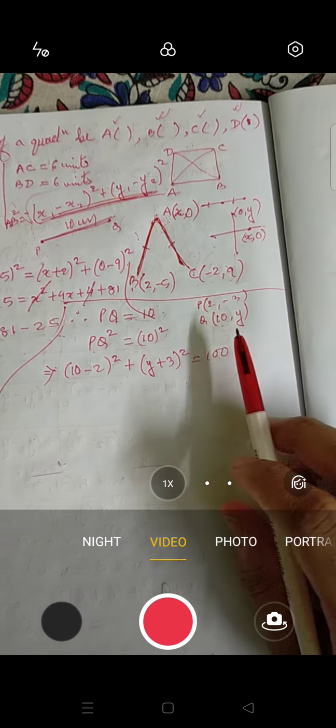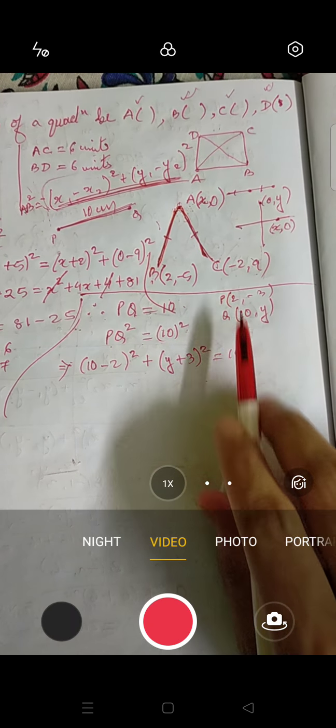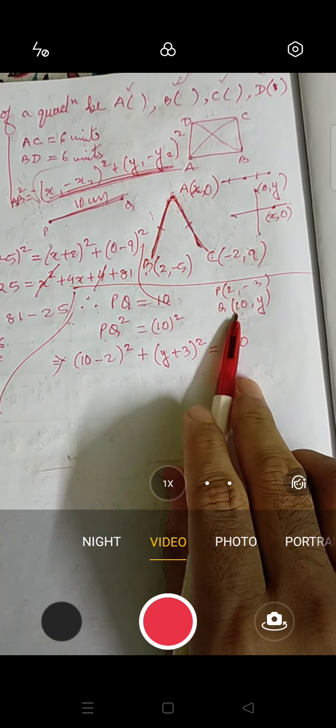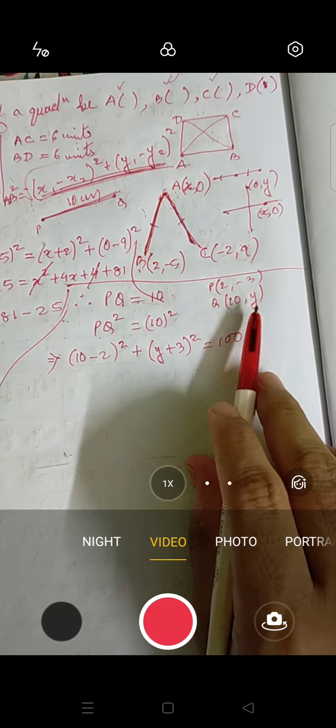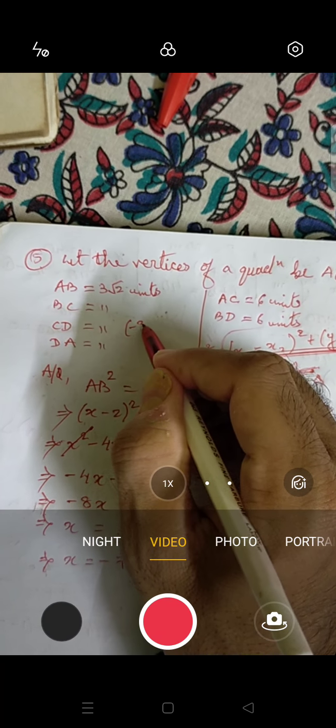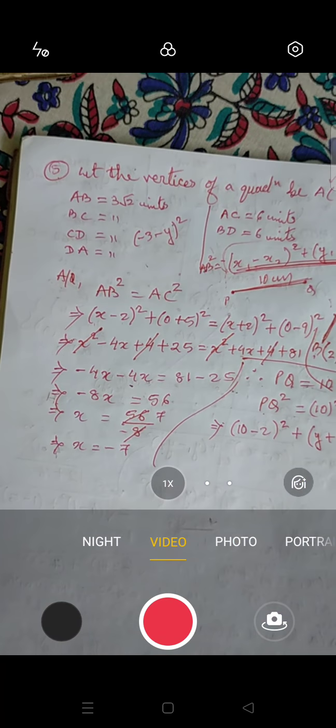That means this minus this: you can write x1 minus x2 whole square, or x2 minus x1, your choice. So I'm taking this minus this. Why this way? Otherwise, if you take 2 minus 10 whole square, then minus 3 minus y whole square, many students get confused.